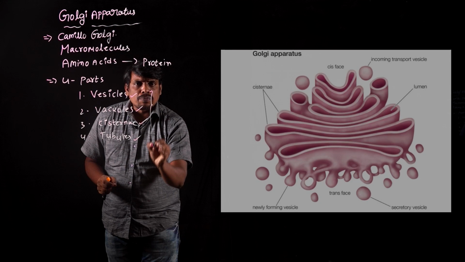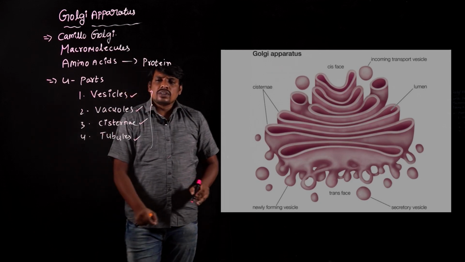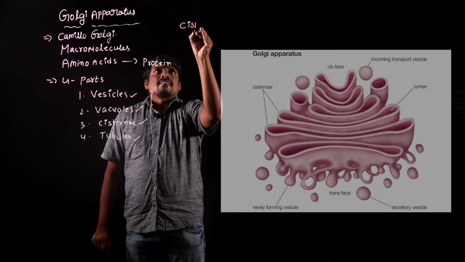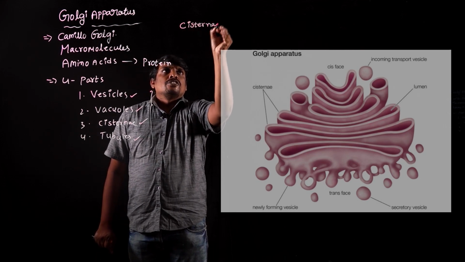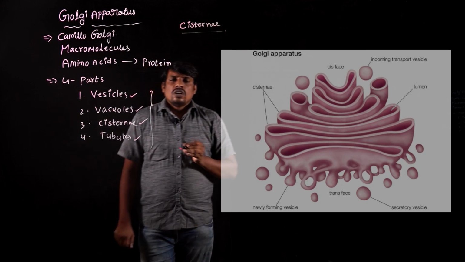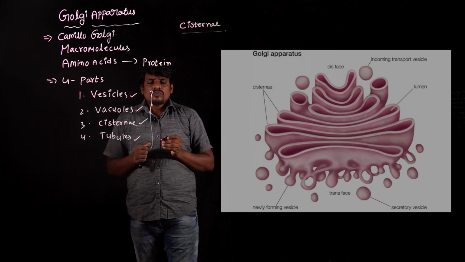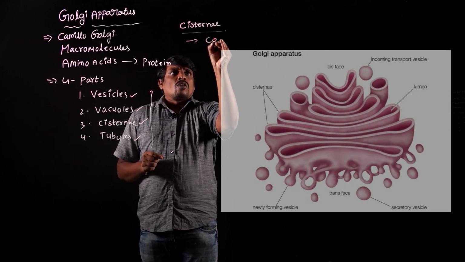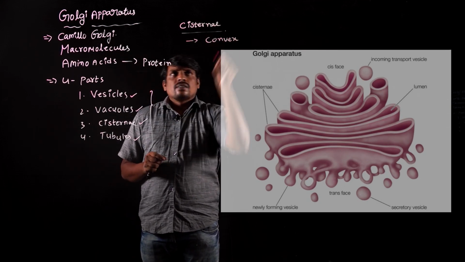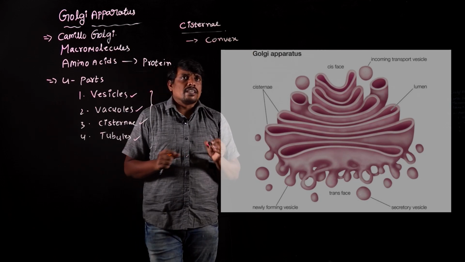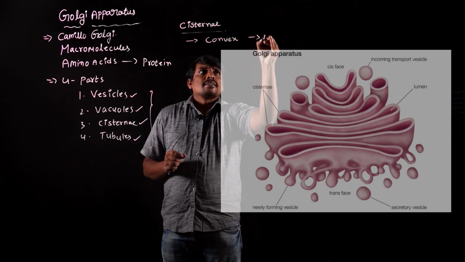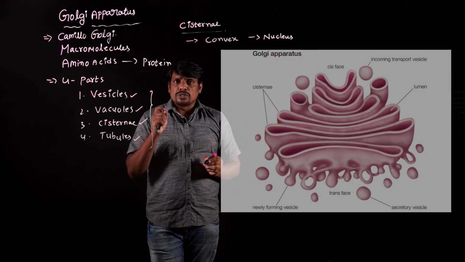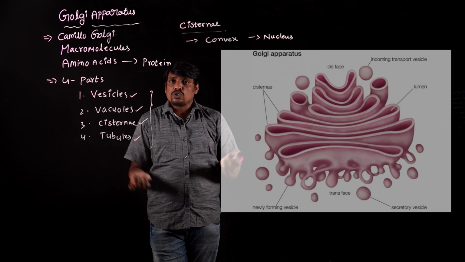Among these four major parts, the cisternae is an essential and important structure. The convex surface of the cisternae is towards the nucleus. The convex surface of the Golgi operators is towards the nucleus. You know very well about convex surface.